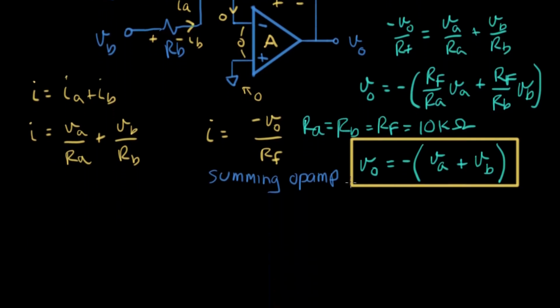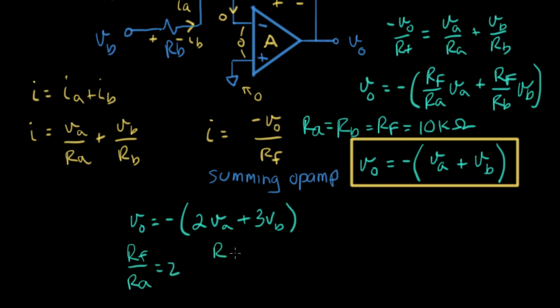Let's say I want to use my summing op-amp in an application where I want V out to equal, say, minus 2 times VA plus 3 times VB. This is what I want. How do I do that? These two coefficients are functions of the resistor values, as in our original expression. So what I want is RF over RA to equal 2, and RF over RB to equal 3.